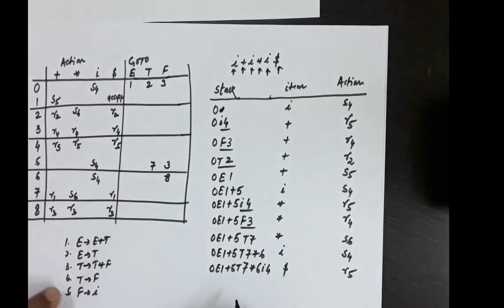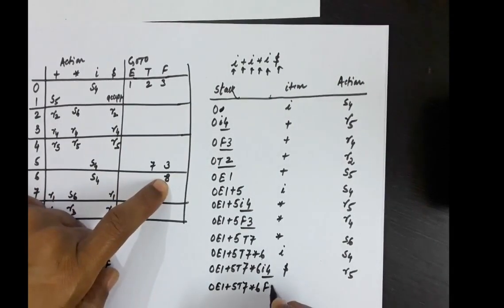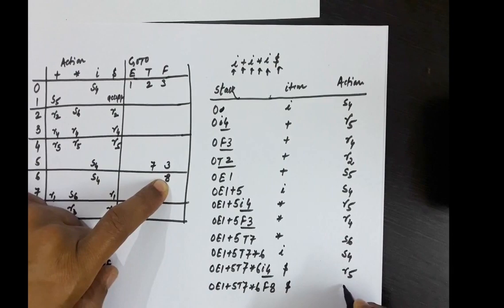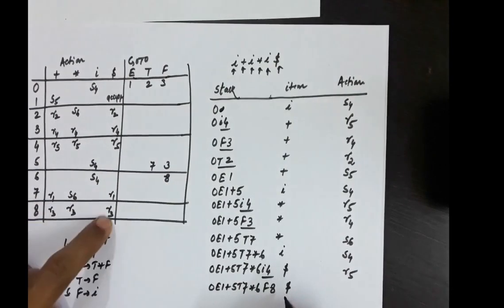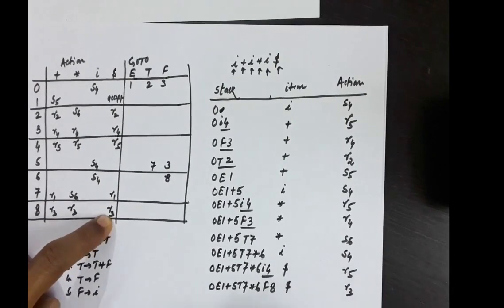Reduction with the production number 5, which is for F produces I. So two symbol on the stack will be converted to F. So F, 6 capital F is 8, and $8 is R3. R3 means reduction by production number 3.